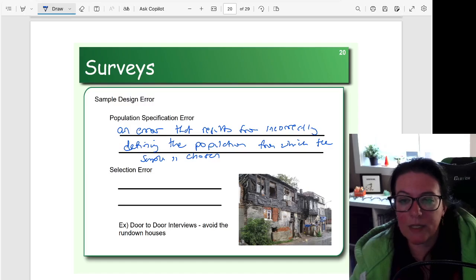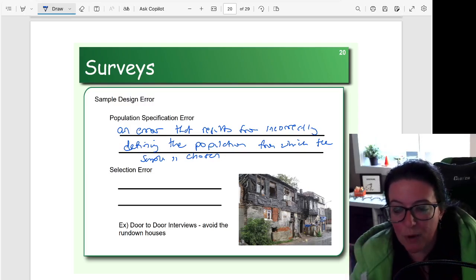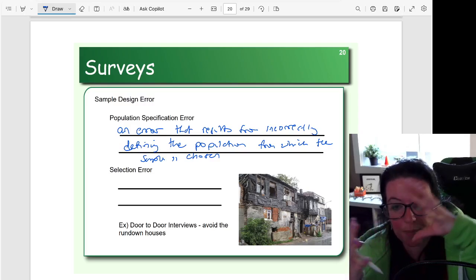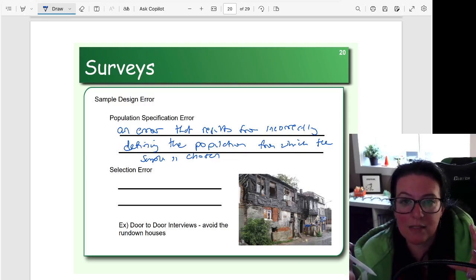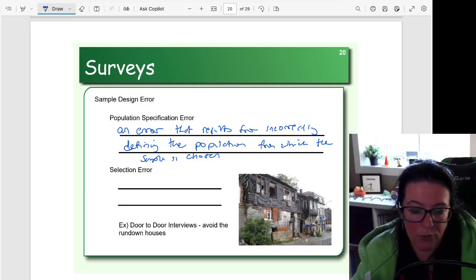And I'm going to define that population as including the full-time faculty, the part-time faculty, those who teach in the summer, those who teach in the fall. And I would want to make sure that that population clearly defines everyone I should be hearing from. And then I would try to get participants from all those different parts of the population.